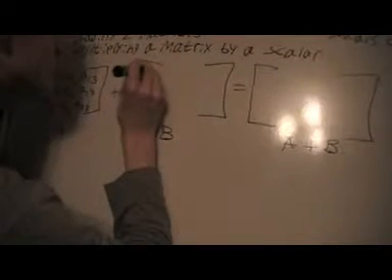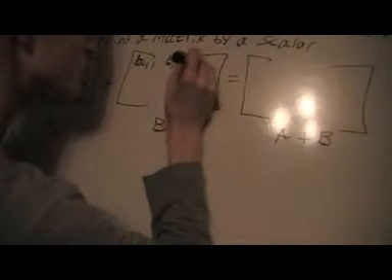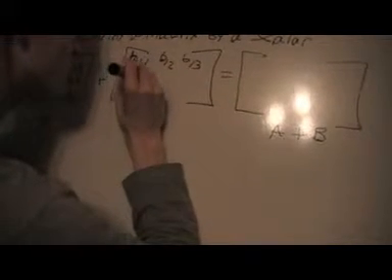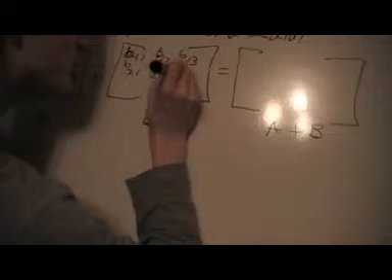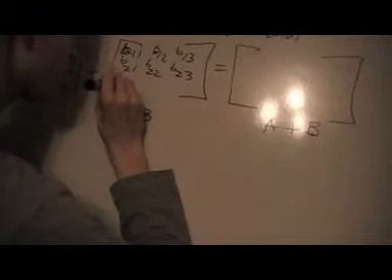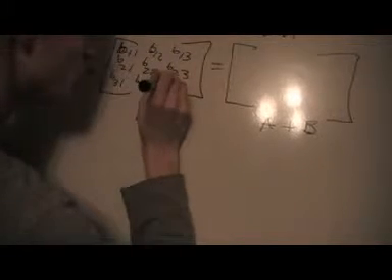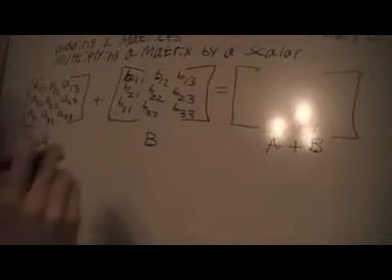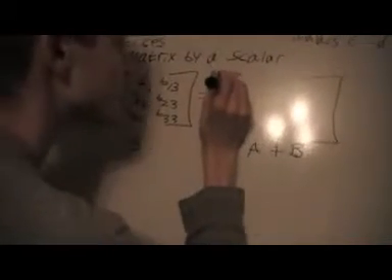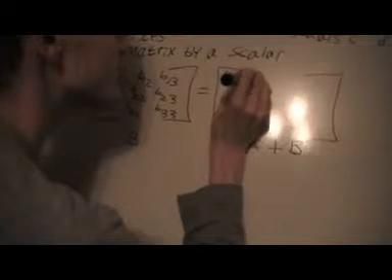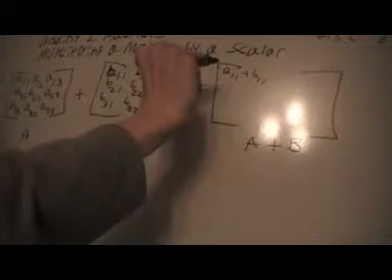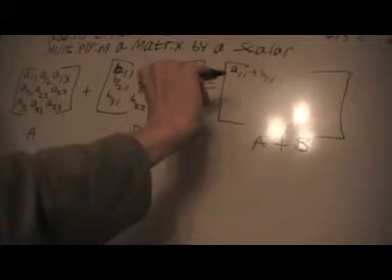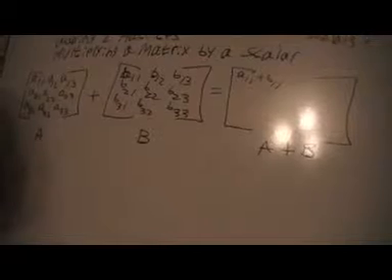I've put B in this one, B11, B12, B13, B21, B22, B23, B31, B32, B33. So in the result here, because these are the same positions, we'll add A11 and B11. And we'll do that for each one. So there's the definition of it for you.